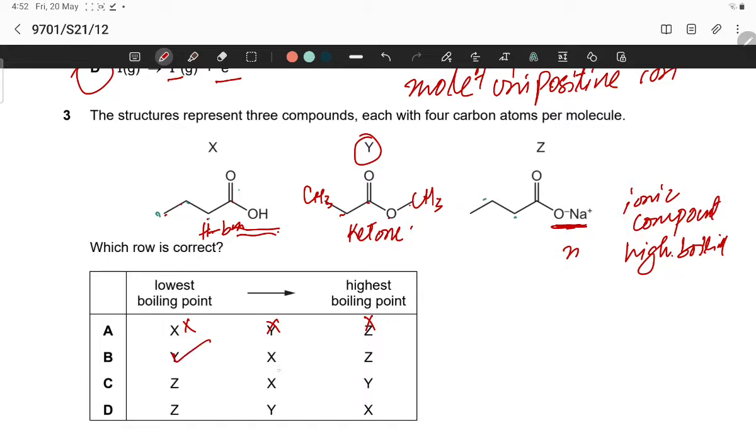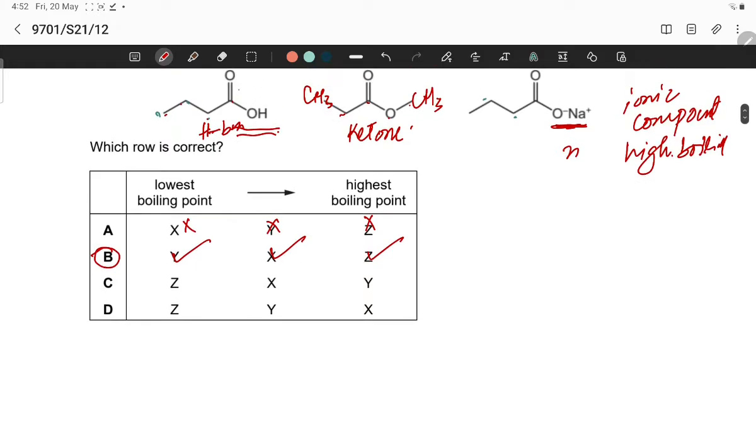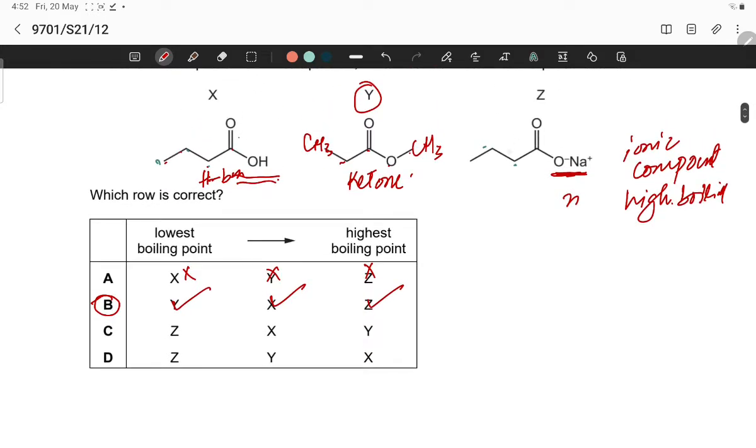X is lower than Z. So this is correct. So B option is correct. Z again, ionic compound is not lowest. Ionic compound does not have lowest boiling point.